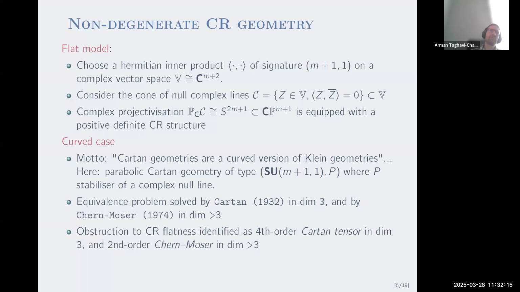What they found, notably, is the obstruction to CR flatness in terms of CR invariant tensors. By CR flatness, I mean that a CR manifold is CR flat if it is CR equivalent to the flat model I just presented. Okay, any questions? Okay, so I will carry on.